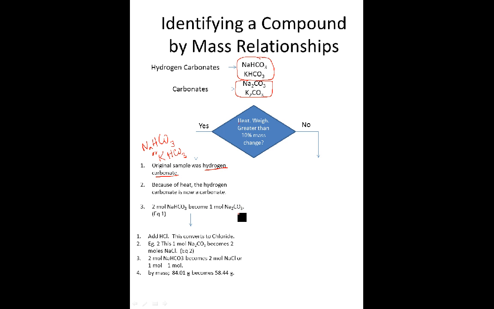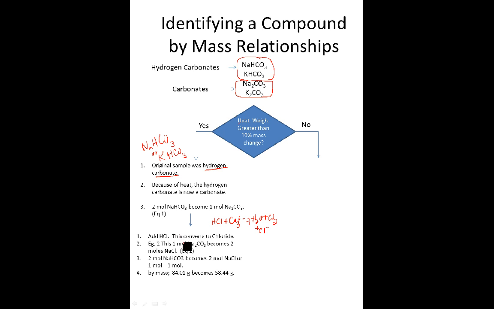The hydrochloric acid will react with the carbonate ion, and it will leave and create water and CO2, and some chloride will be remaining. That chloride will interact and form an ionic compound with the sodium. Okay, and so now you have a chloride.